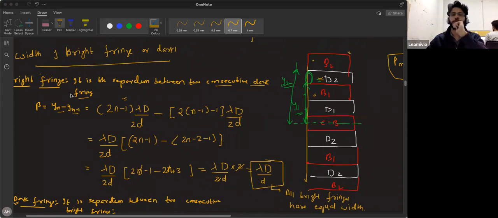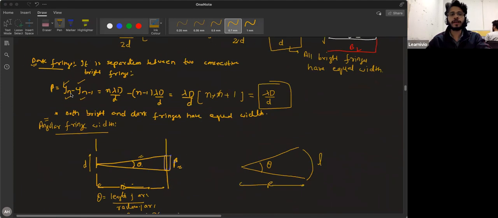Yes, can I scroll it now? Yes, sir. Okay, the next thing is angular fringe width.